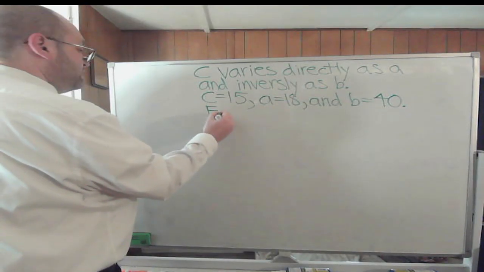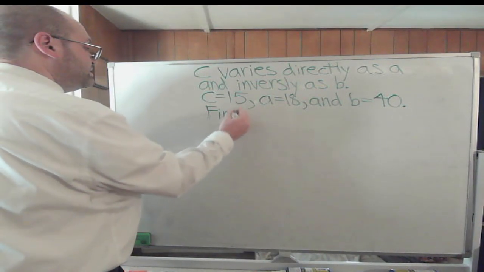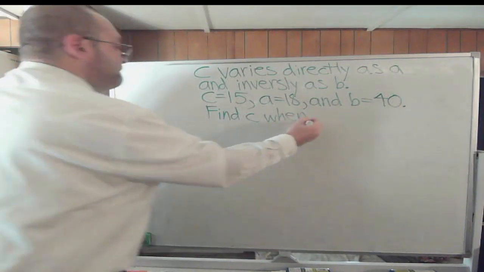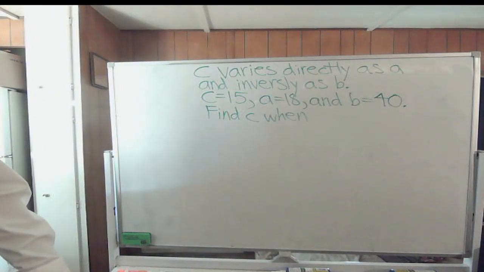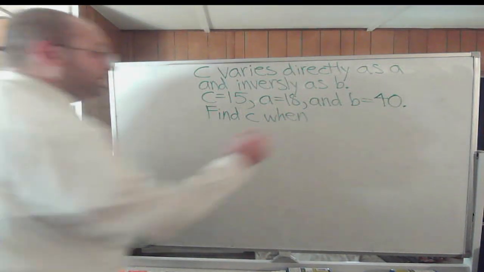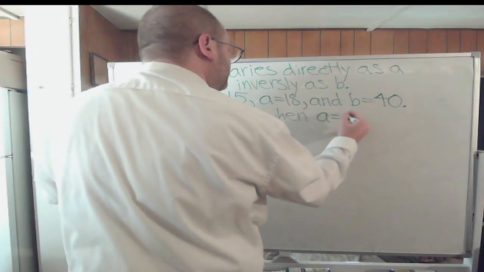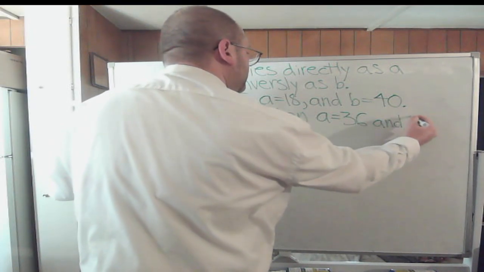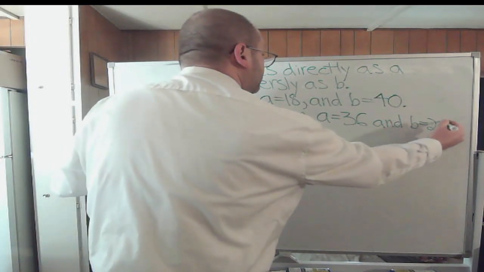So find C when A equals 36 and B equals 25.